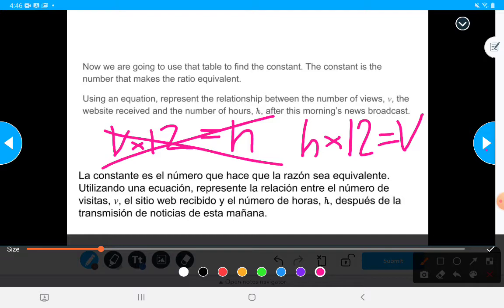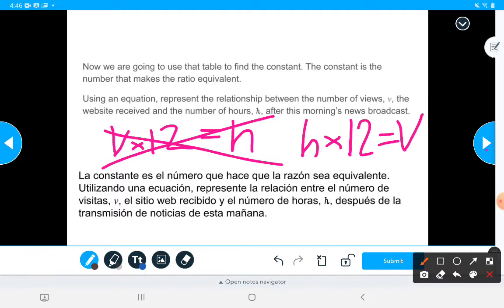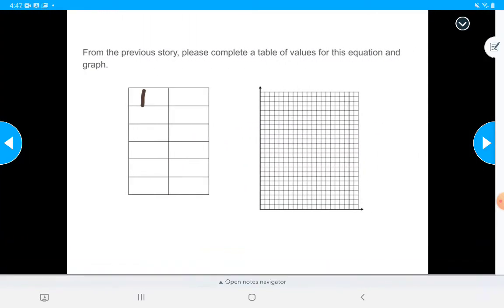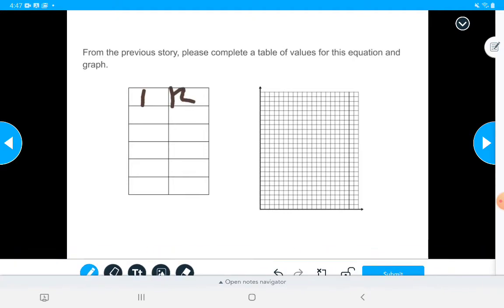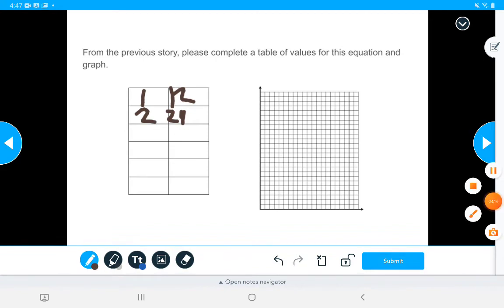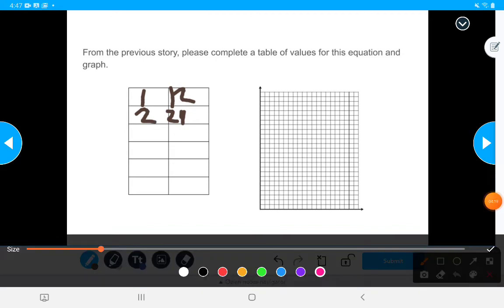So now we continue. And this next part is where we're going to find our slope. Again, we have the 1 to 12, 2 to 24, 3 to 36, 4 to 48, and 5 to 60, and 6 to 72.